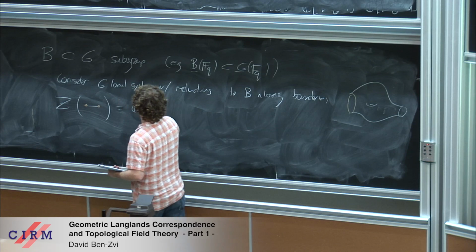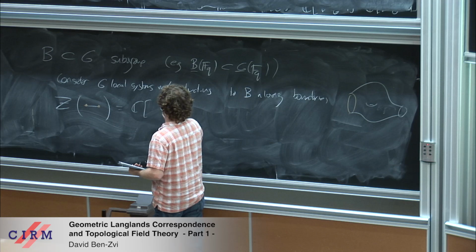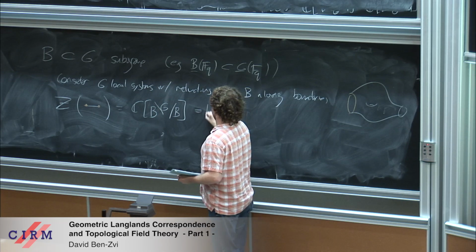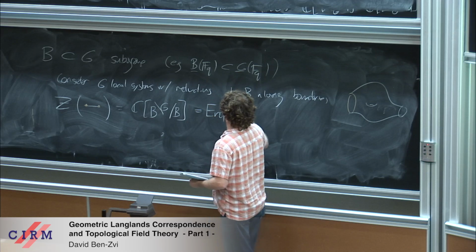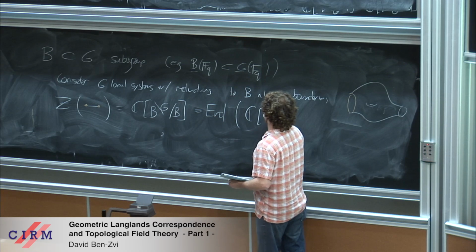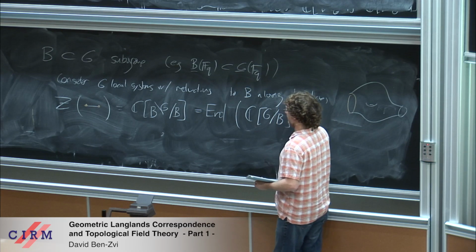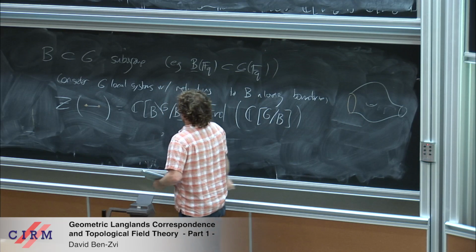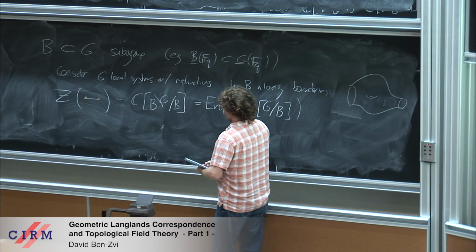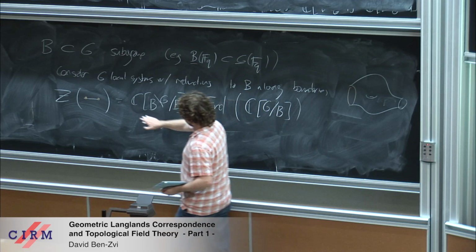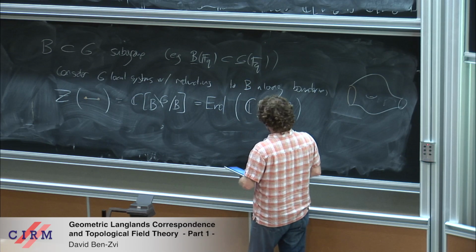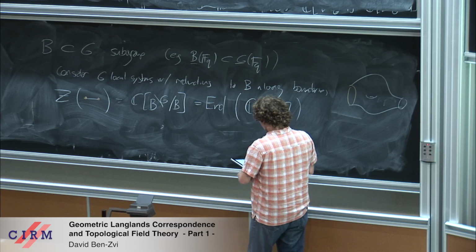That space of fields is the double coset space B\G/B, which is the endomorphisms of the induced representation, functions on G mod B. And that's the algebra structure I see here. So you get the endomorphisms of the representation appearing naturally this way. So this is sort of where Hecke algebras will appear.